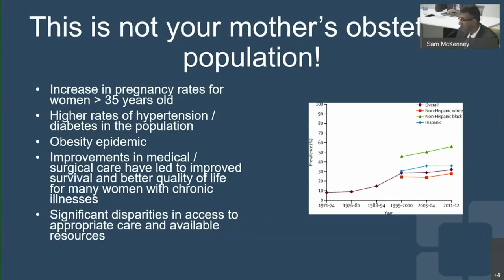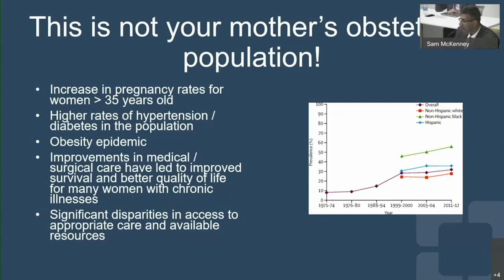Otherwise, the pregnancy rate in the United States is actually decreasing, although we'll see with COVID what that does, because that might change some things next year. There are higher rates of hypertension and diabetes in the population in general, and in the obstetric population. And of course, you have the obesity epidemic that this country is going through, and that just adds to the morbidity.